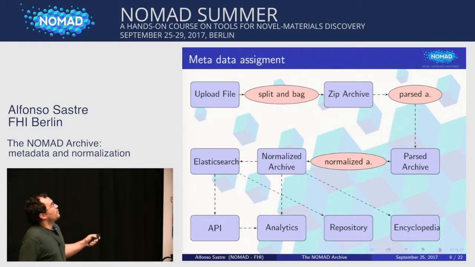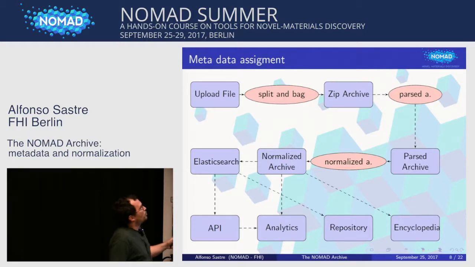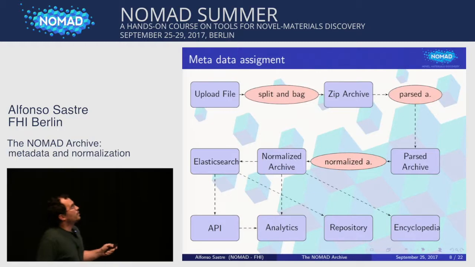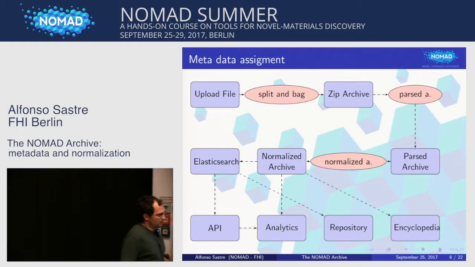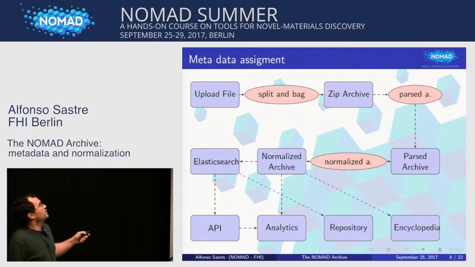So here we have the normalized archive, which is the starting point for other projects like the analytics or the encyclopedia. And in order to give access to this, we are now using Elasticsearch, which I'm going to say a few words about later, to explore what is contained in the normalized archive.